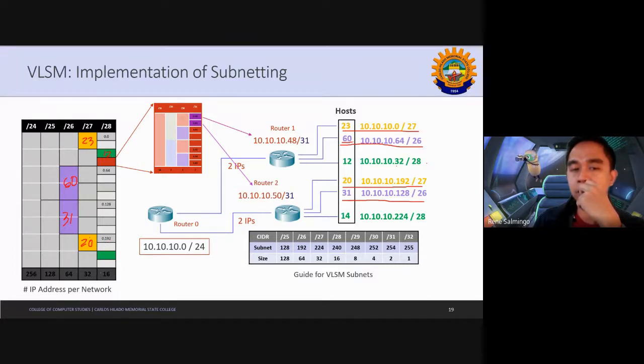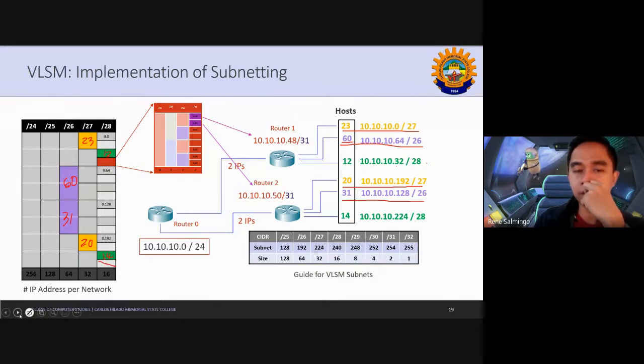So 16 plus 16 is 32. Now you could use green for 12, and you can also use 14. These are 14 hosts being allocated. So what are the vacant IP addresses that you can use? This side is vacant, and also this side is vacant.